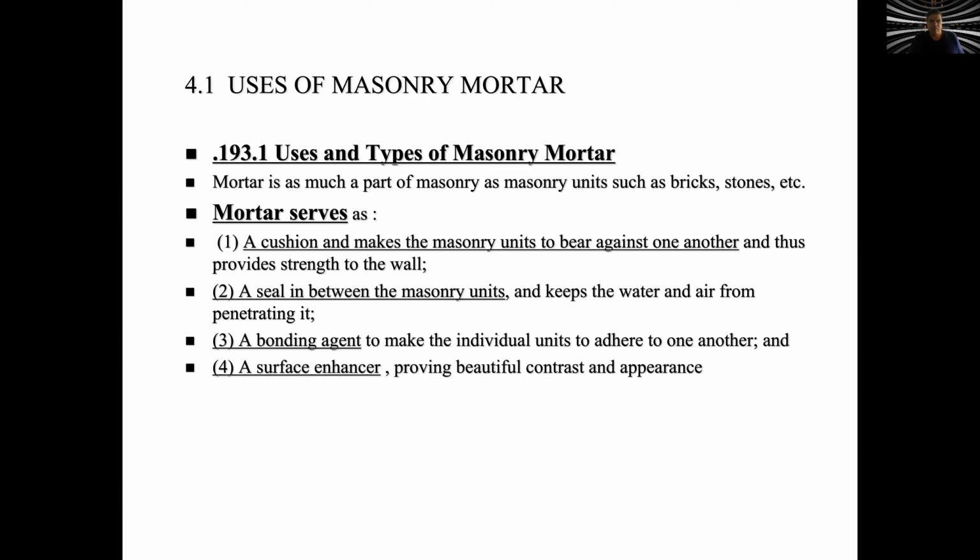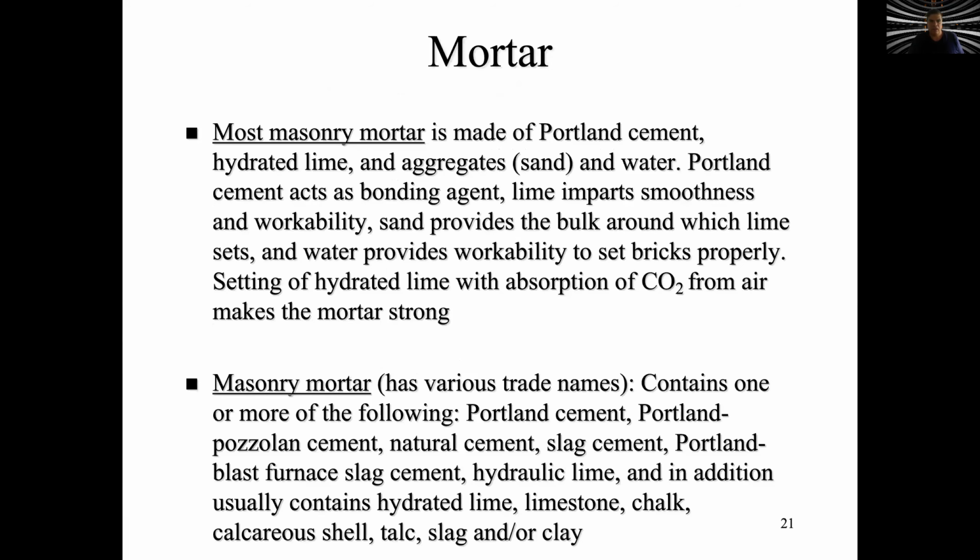Well, we have here a little bit longer explanation of the use and types of mortars. Most mortars are made out of Portland cement, hydrated lime and aggregate like sand, and obviously water. The Portland cement is the bonding agent. The lime will make this material smoother and easier to work.